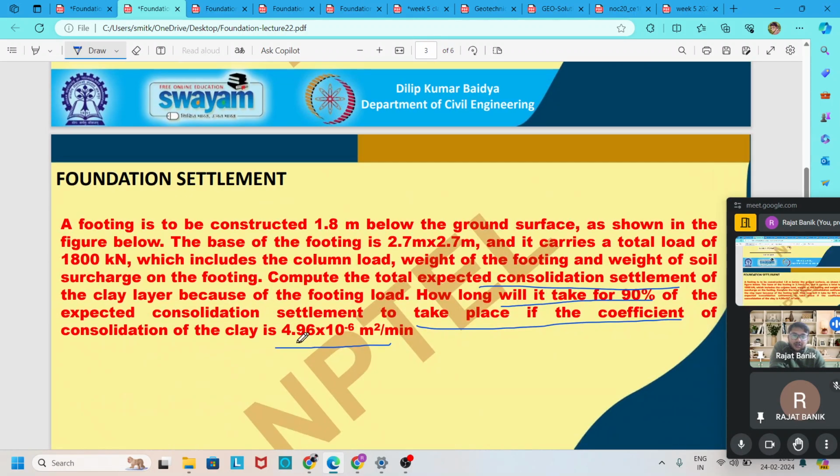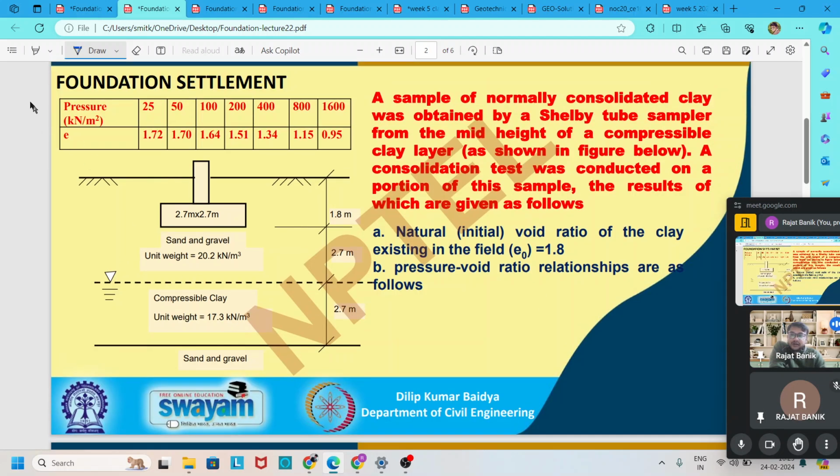But in this question, Cc, that is the compression index, is not given, but pressure versus void ratio data are given. So based on this data, as we already taught, to find out Cc we have to draw void ratio versus log 10 pressure.